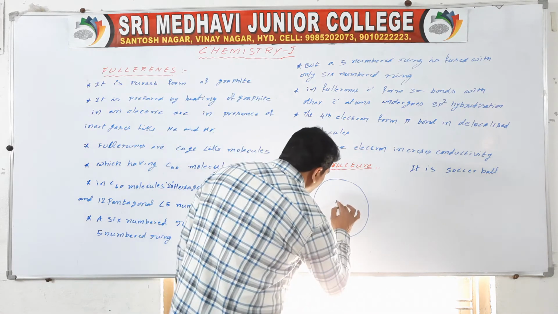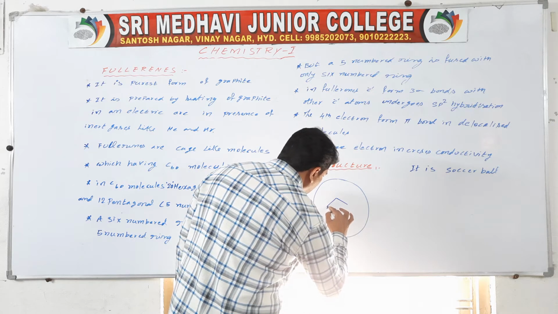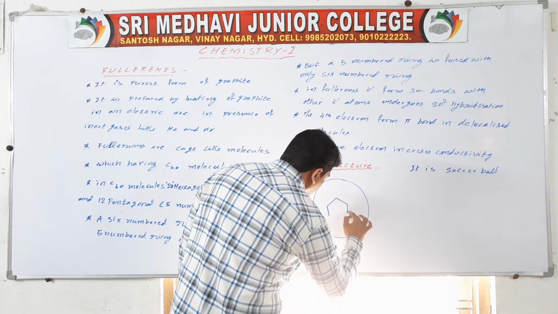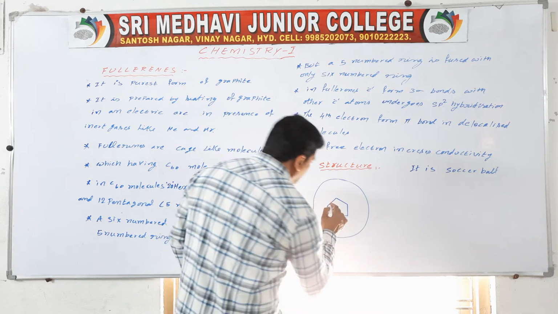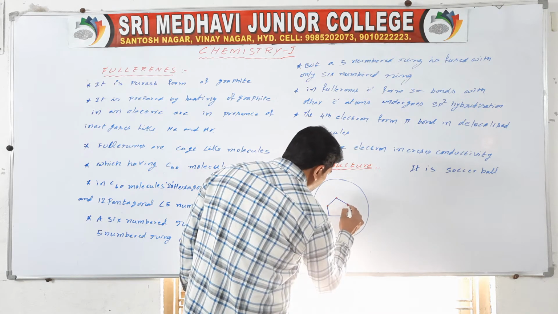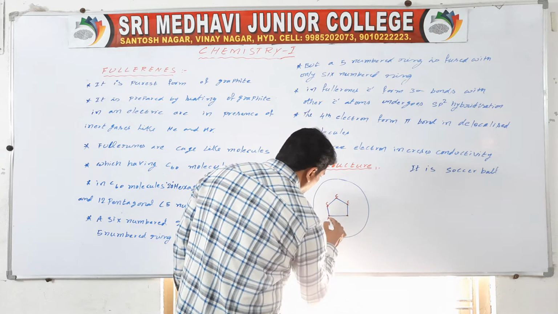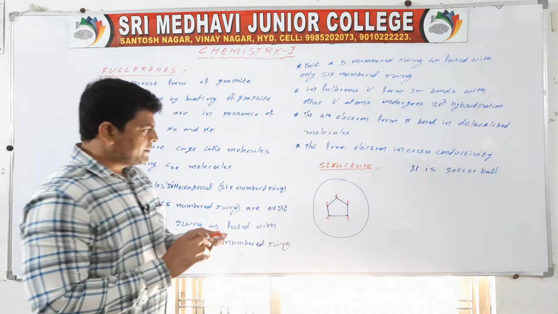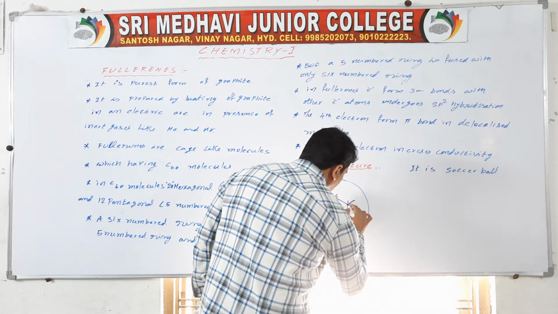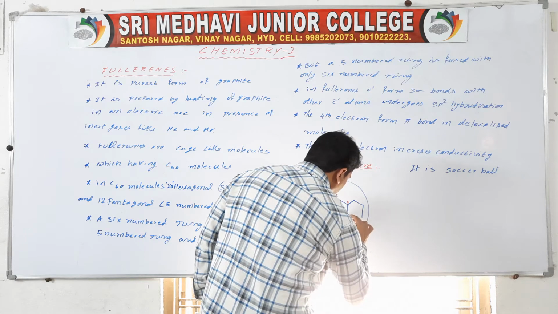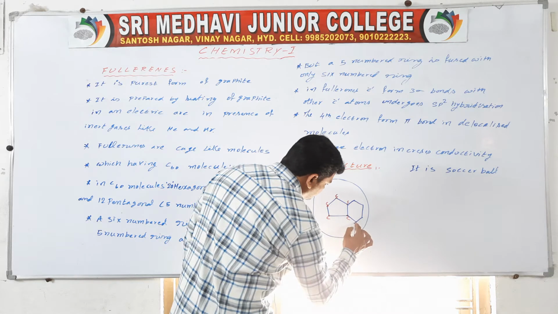Okay, so here it is a 5 numbered ring. It is fused with only 6 numbered rings.